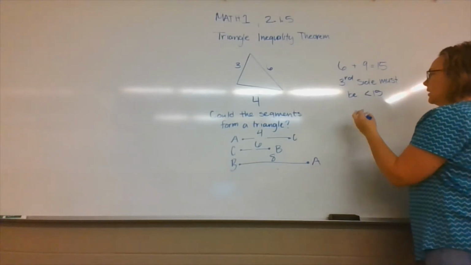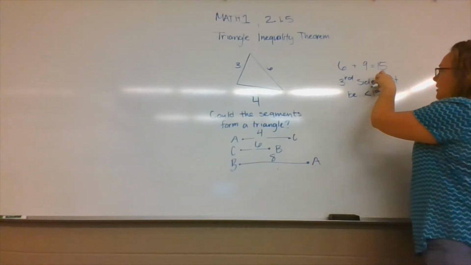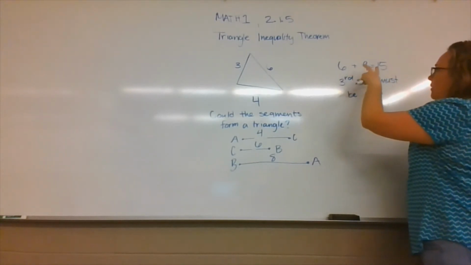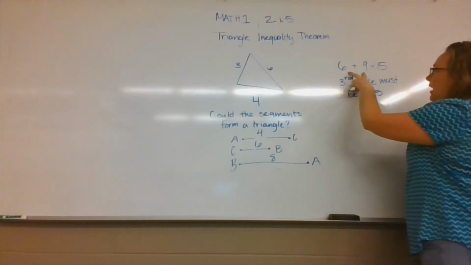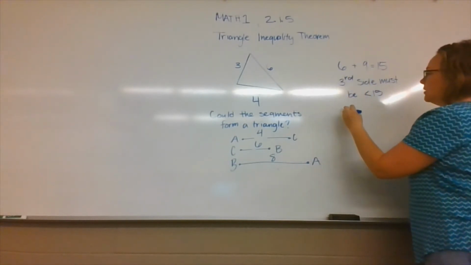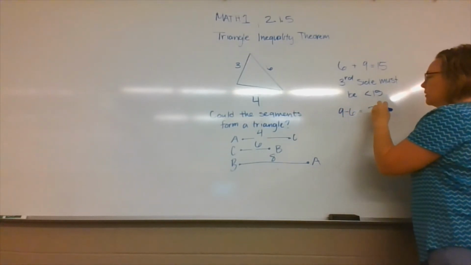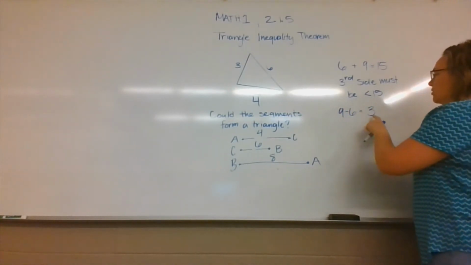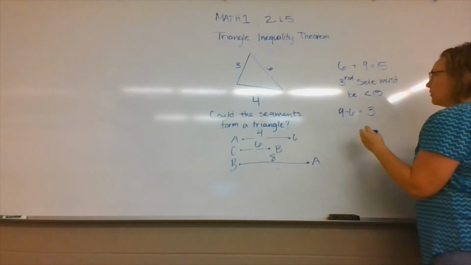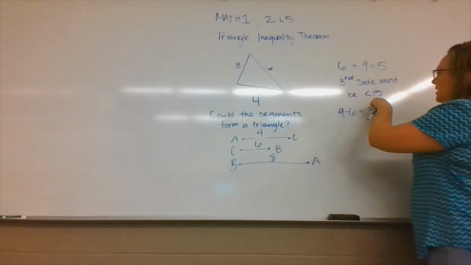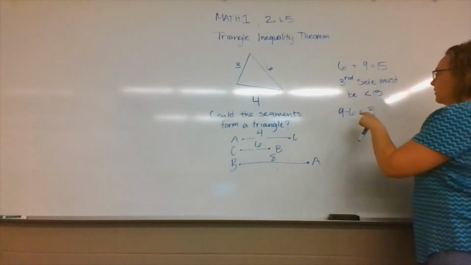So we need that third side to have some distance that will fit between, and we take these same two numbers and subtract them. So 9 minus 6 is 3. So the third side needs to be greater than 3. So it's less than 15 and greater than 3.